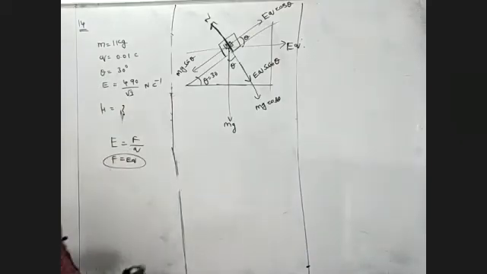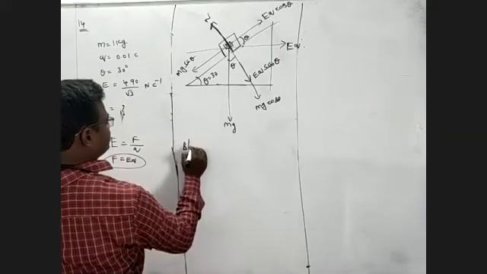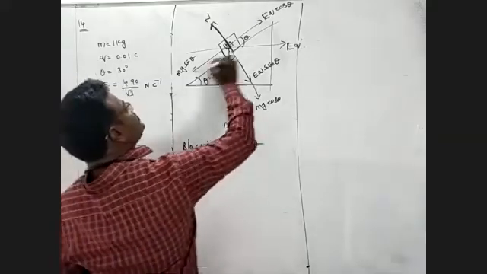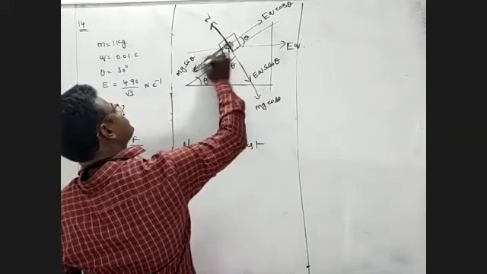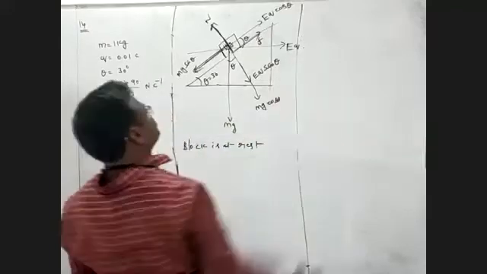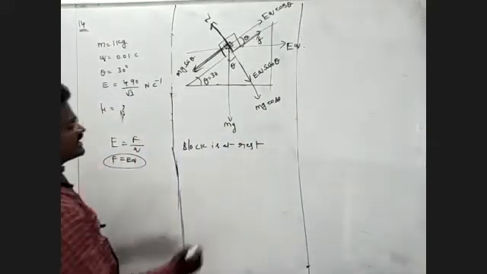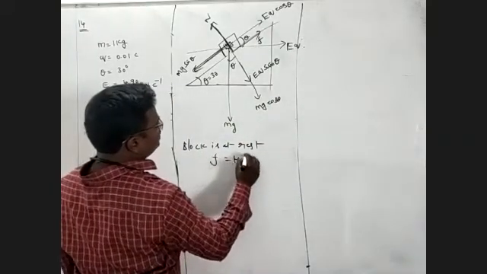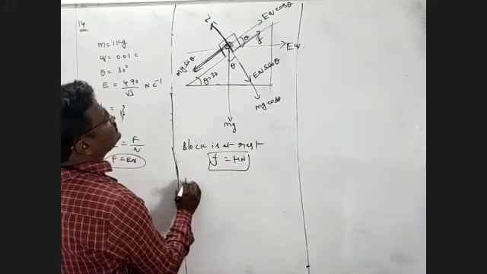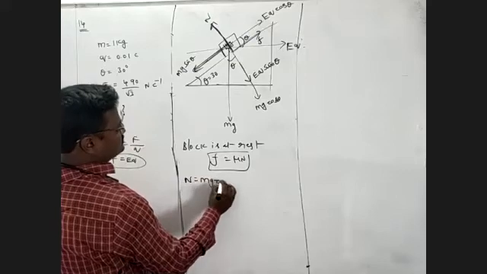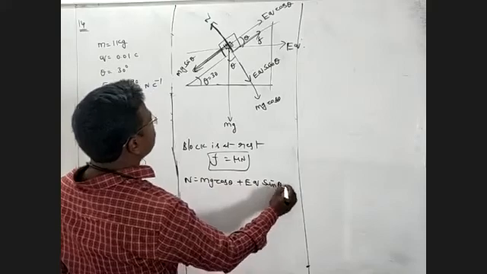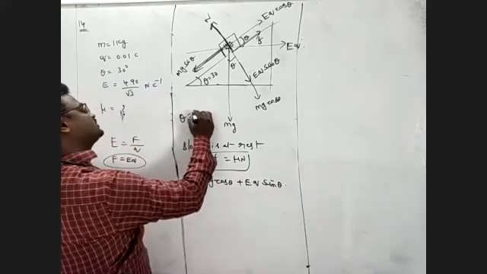The block is at rest. Mg sin theta pulls the block downward, which means the friction acts upward. The friction is equal to mu N. Since the block is at rest, N is equal to mg cos theta plus EQ sin theta, with theta equal to 30 degrees.